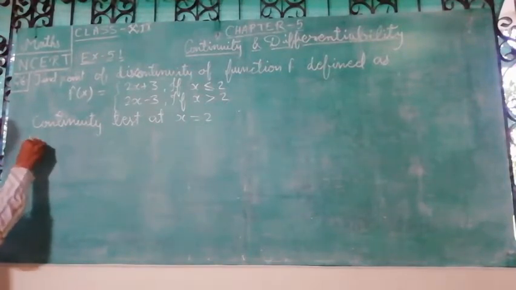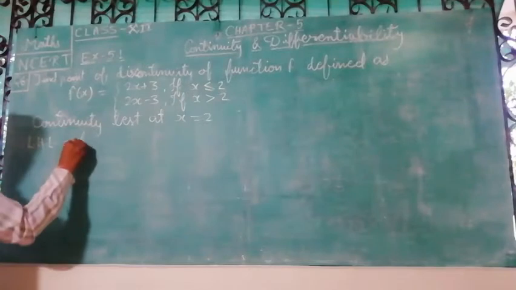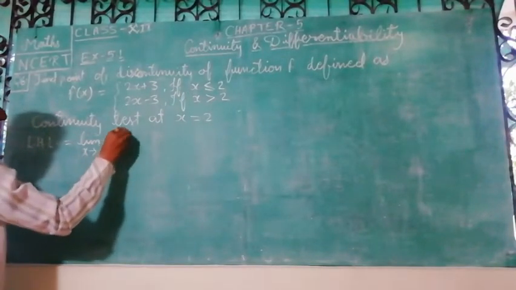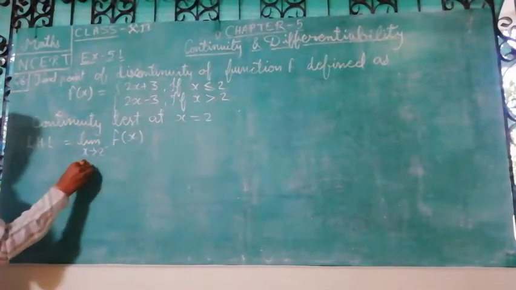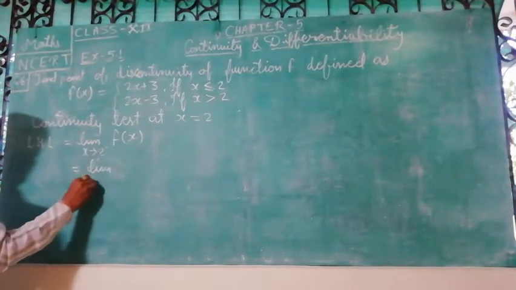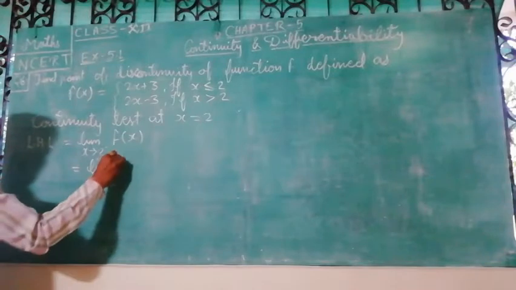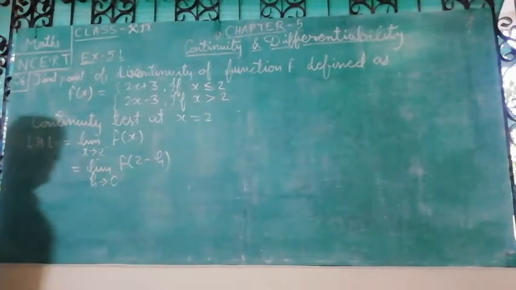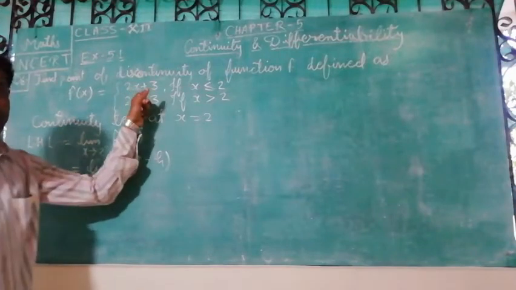LHL is equal to limit x tends to 2 minus f of x, which can be written as limit h tends to 0 f of 2 minus h, meaning less than 2. So for less than 2 this will be applicable.